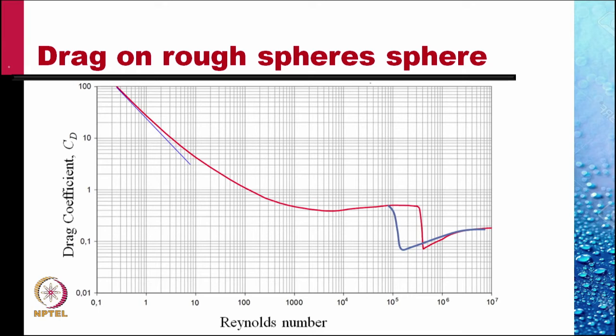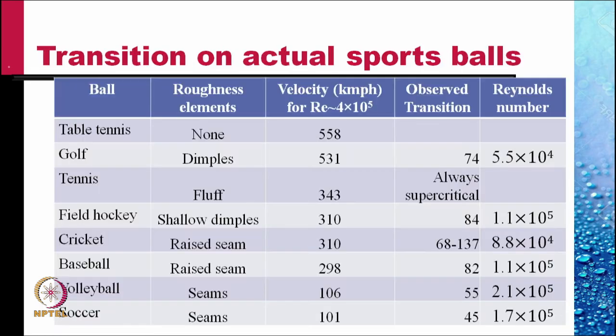And so the velocity at which the transition occurs is about 6 times lower than what the velocity listed in the last slide. The transition in actual sports ball are listed here. For a table tennis ball, we don't think the transition ever takes place.